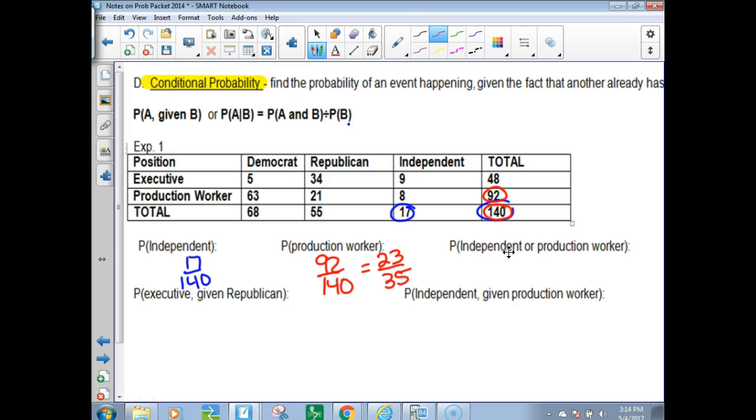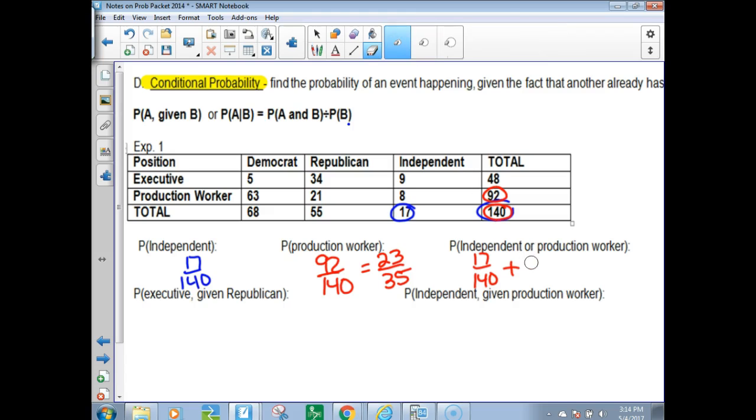Probability you're independent or a production worker. Now, we could use the formula that we've been using with that overlap stuff. Well, there's 17 out of 140 that were independent. Plus there are 92, well, let's do it with the 140 so our denominators match.